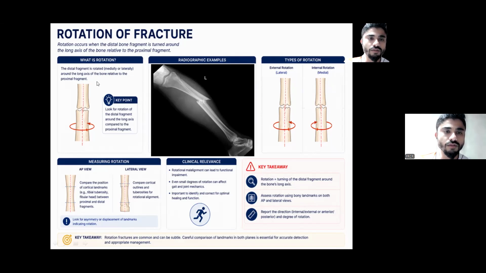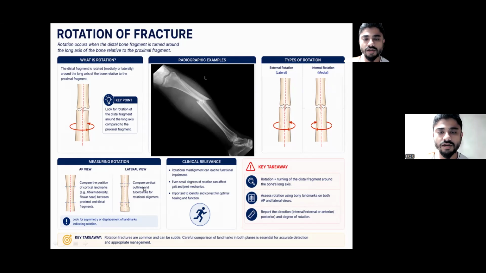So we have discussed how to measure rotation. Compare the position of cortical landmarks such as the tibial tuberosity or fibular head between the proximal and distal fragment. On lateral radiograph, you have to compare the cortical outlines and tuberosities for the rotational alignment.